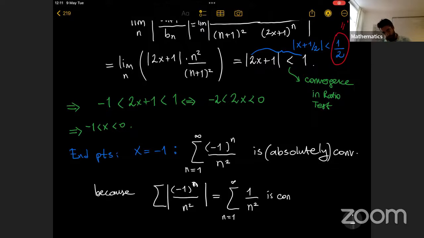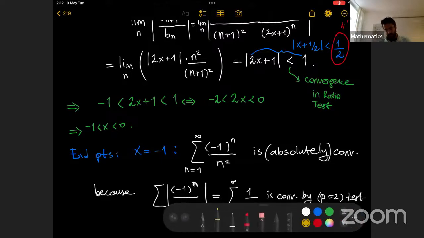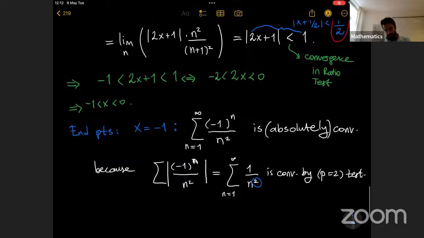It is convergent by the p-test. Here p is equal to 2. Remember, when p is bigger than 1, it is convergent, okay? So you need to remember some calculus here, okay? This is your p. And we know that if your series is absolutely convergent, it is convergent. Absolute convergence is much stronger than convergence.